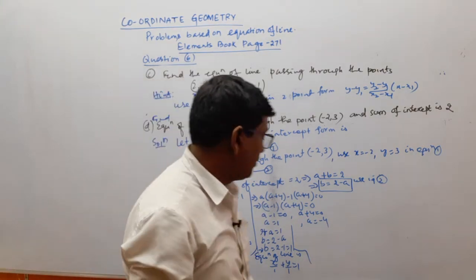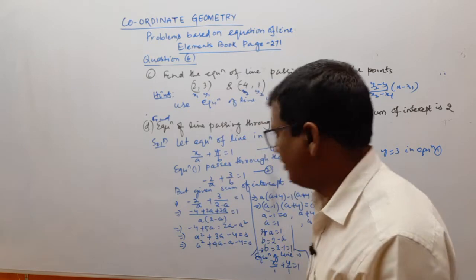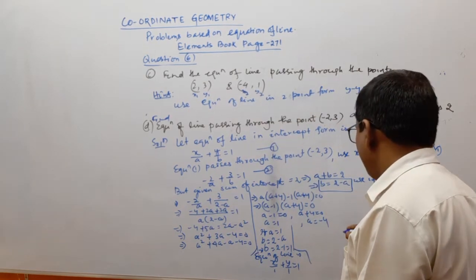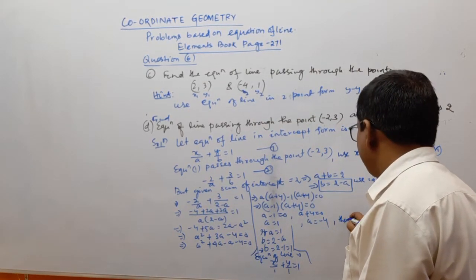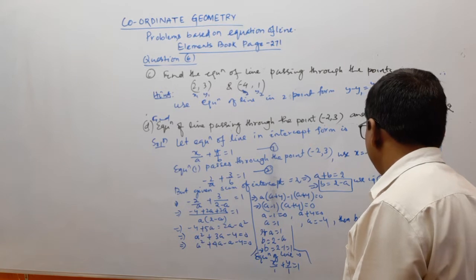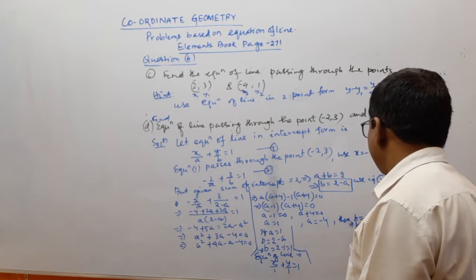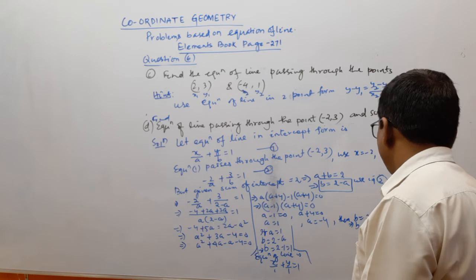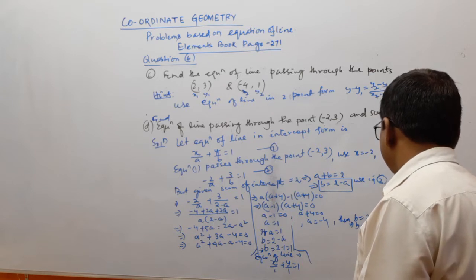Another, if a equal to minus 4, then b is equal to what? B is equal to 2 minus a, that implies b is equal to 2 minus of minus 4, that is equal to 6.